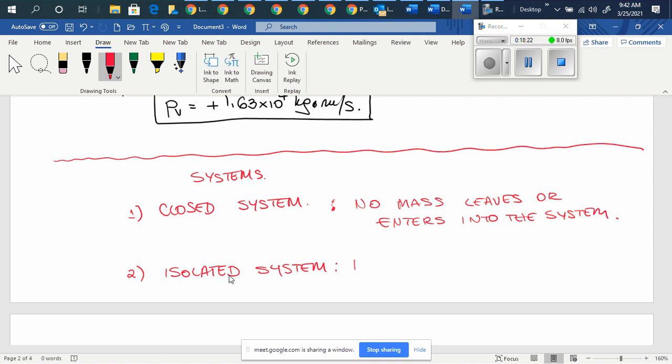So no external forces and no energy change.